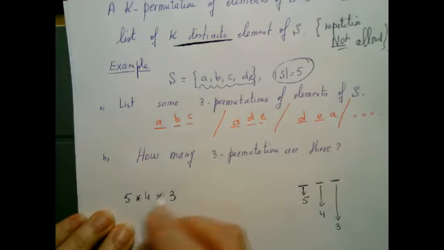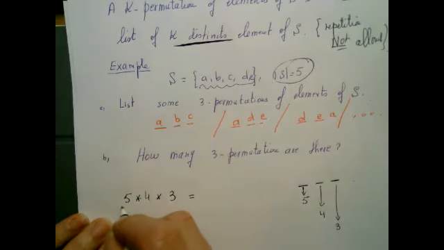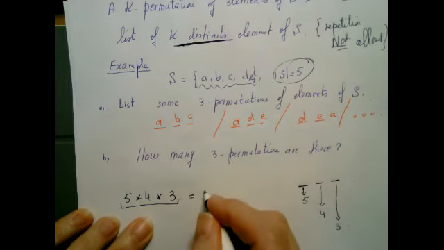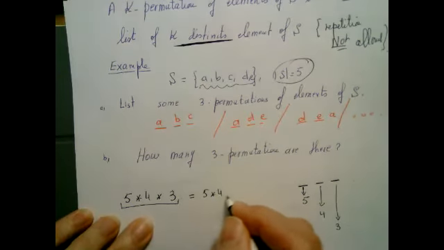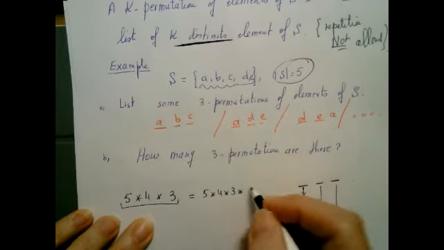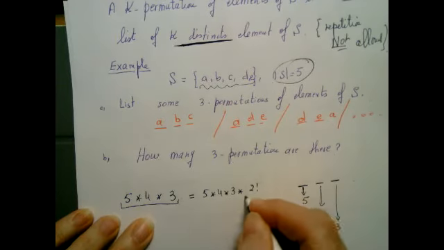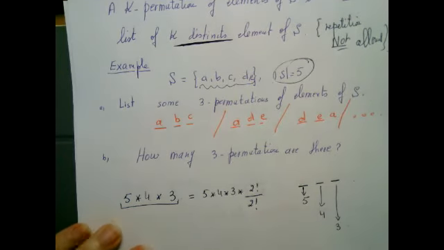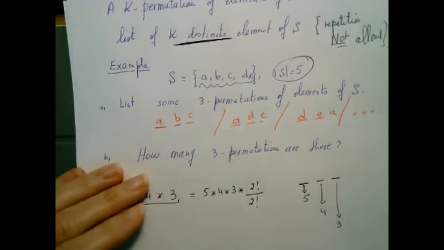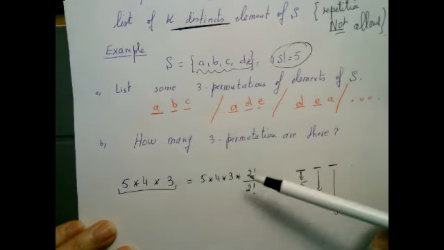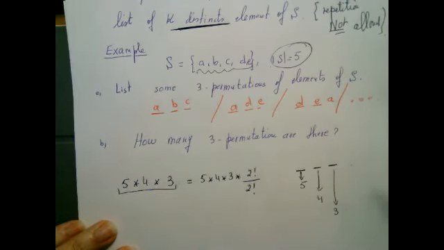Now I'm going to play a very, very small game with that. 5 times 4 times 3. I'm going to multiply it by 2 factorial and divide it by 2 factorial, like a small little game. Do I change anything in the expression? Basically, no. Multiply by 2, divide by 2, I'm not changing anything.